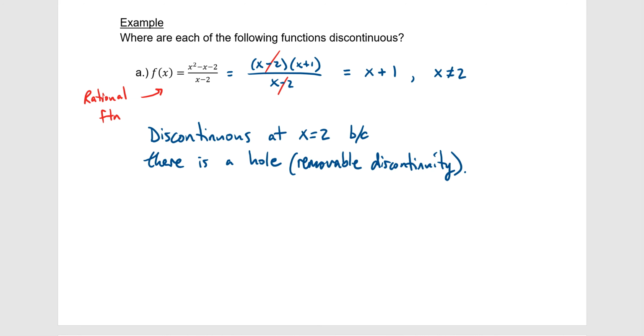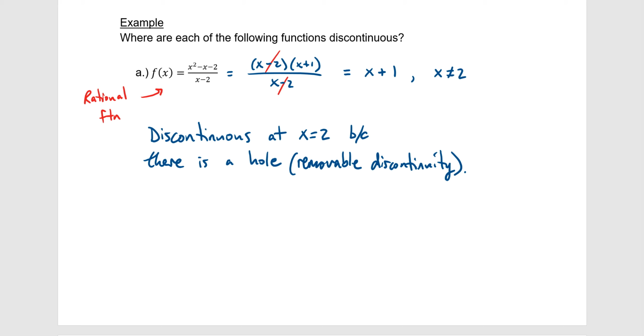So that actually tells us where it's discontinuous. It's discontinuous at x equals 2 because there is a hole at x equals 2. Another name for a hole is a removable discontinuity. So if you have a rational function, we know it's going to be discontinuous when the denominator equals 0.